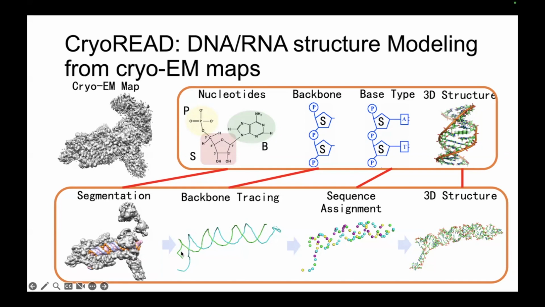Then using that information, it can trace the backbone like these lines. Then the deep learning U-Net architecture can also identify what kind of base types exist. By using that information, we can assign the sequence to these lines, then build the entire 3D structures. So this is CryoREAD.